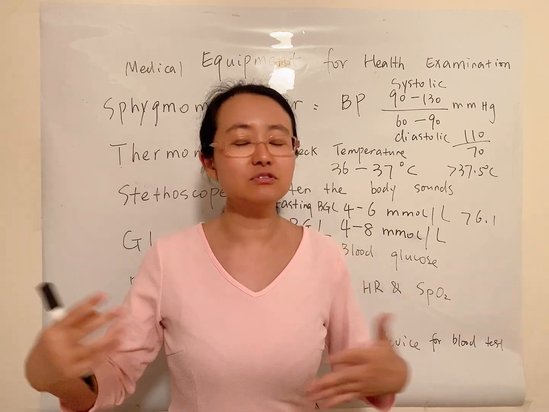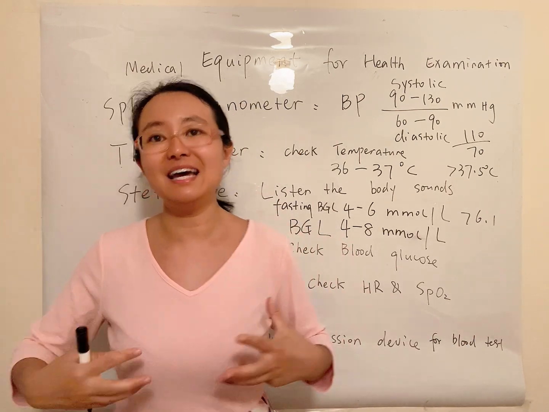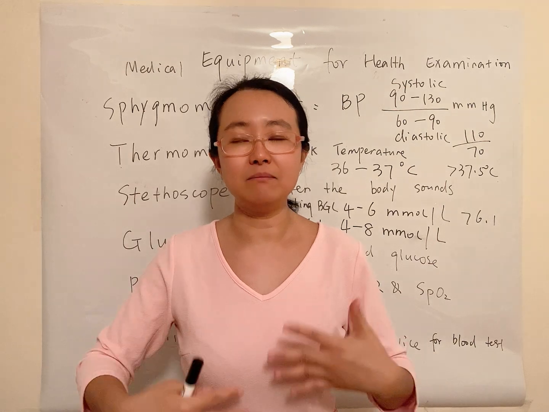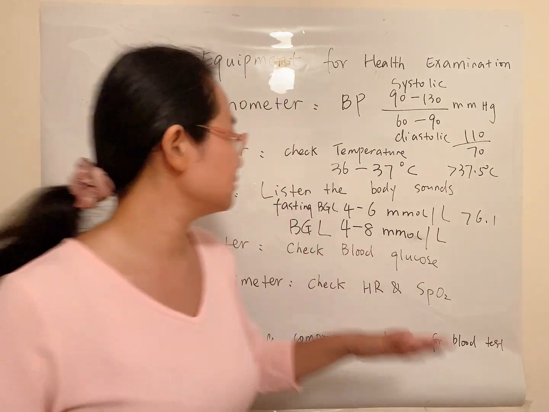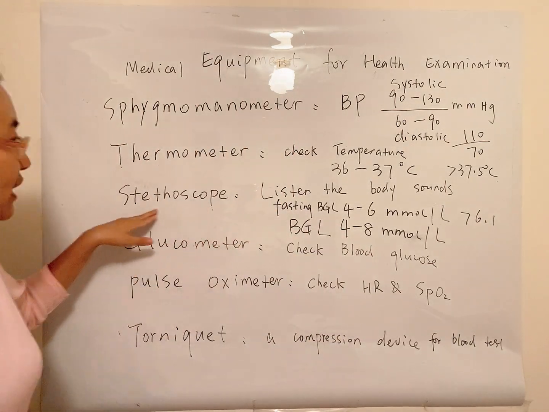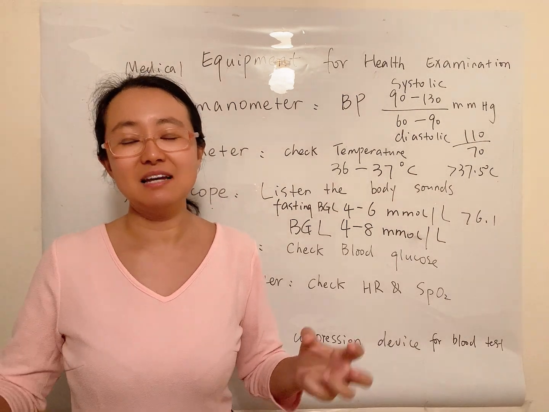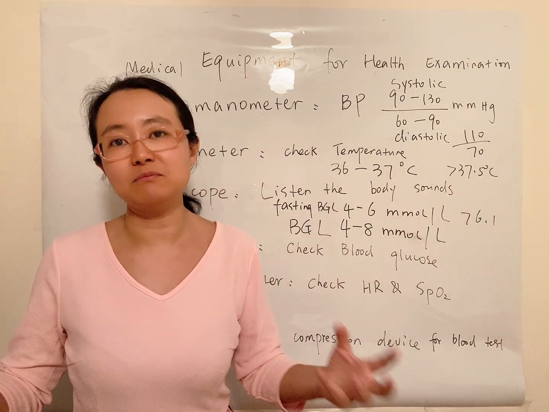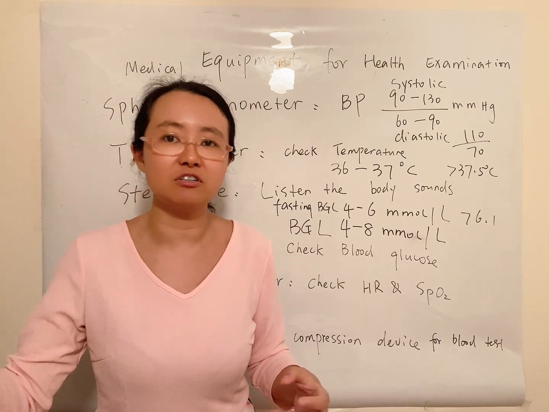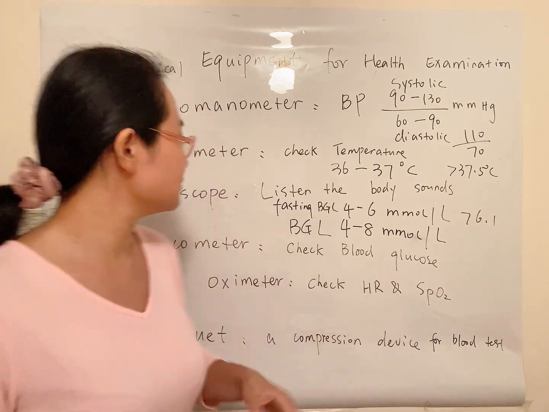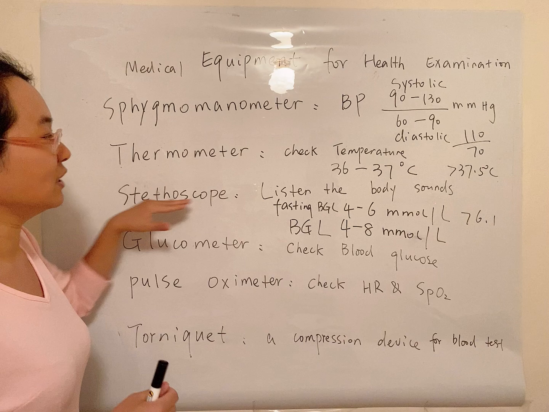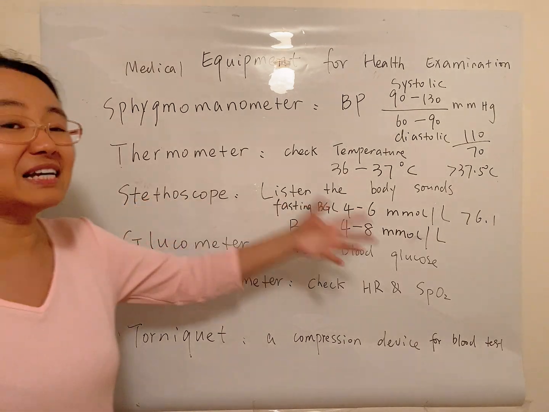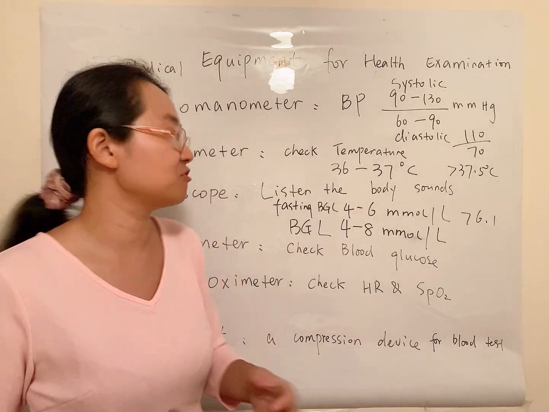So it can be used to listen to the sound of your internal body organs. Yeah, so this is very commonly used. Yeah, if the sound is abnormal, then there could be something wrong with your health, and then it helps the doctor to make the diagnosis. All right, so this is called a stethoscope. Stethoscope is used to listen to the sounds of different body parts.